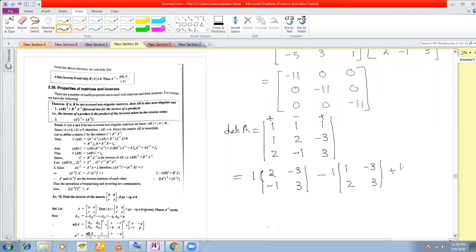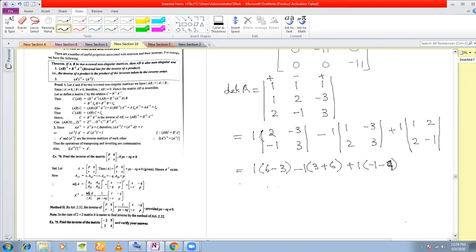And then again your plus position, 1 2, 2 minus 1. 1 into 6 minus 3, minus 1 into 3 plus 6, plus 1 into minus 1 minus 4.